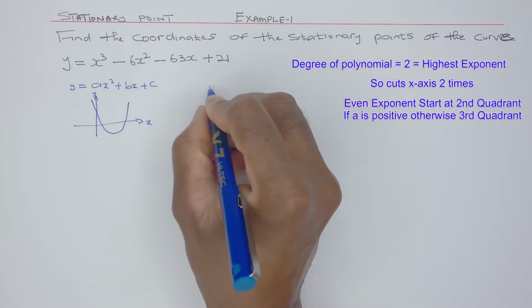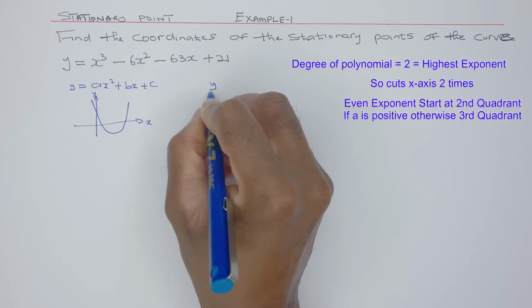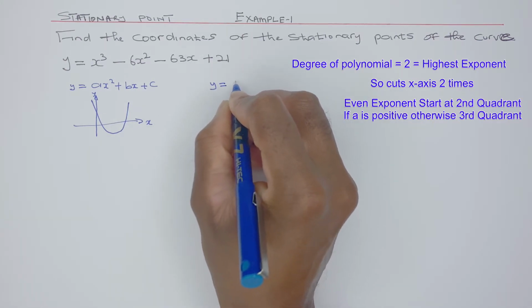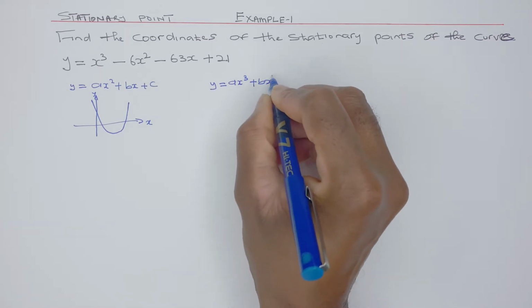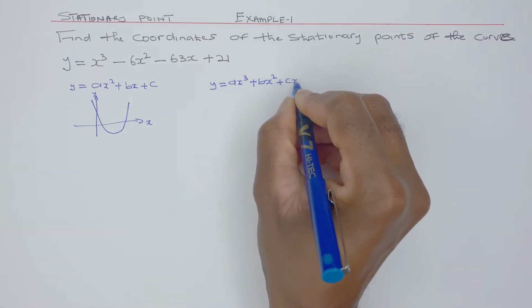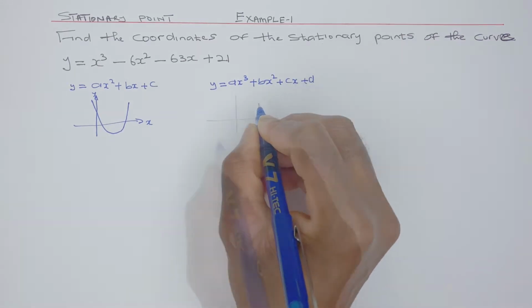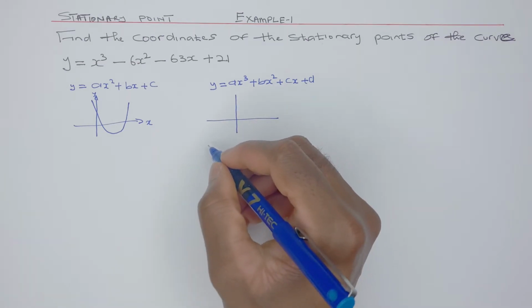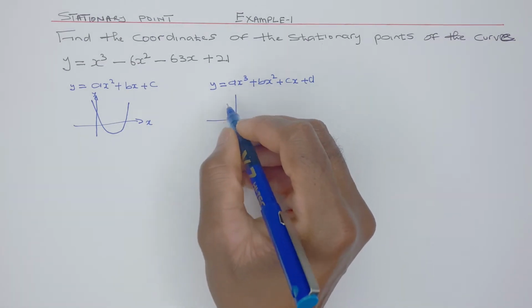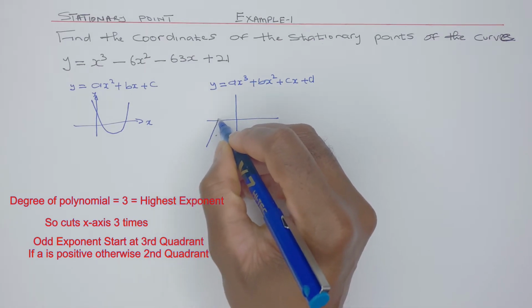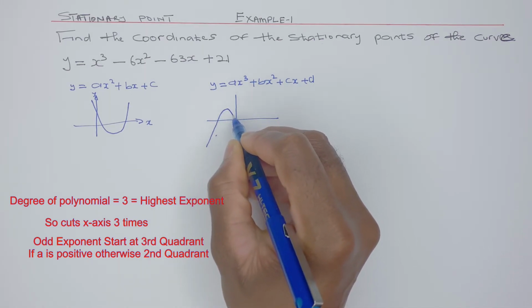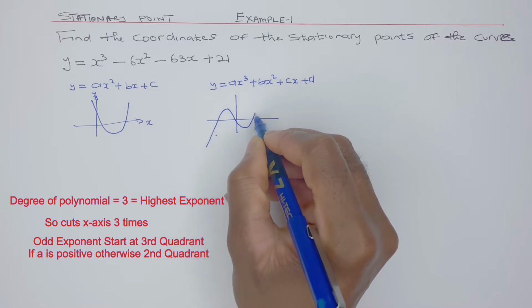For a cubic, where y equals ax cubed plus bx squared plus cx plus d, you'll start from the third quadrant for a positive cubic, and cross the x-axis 3 times.